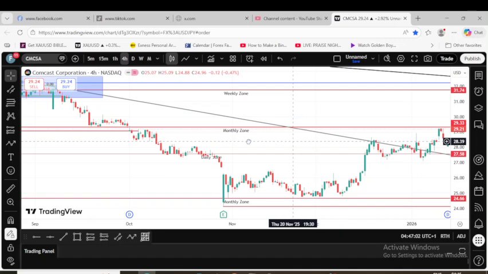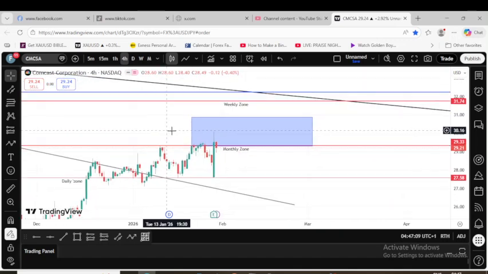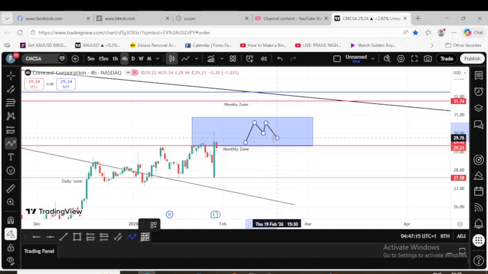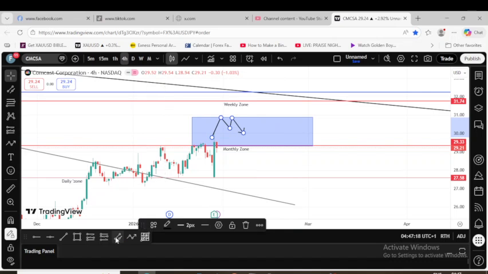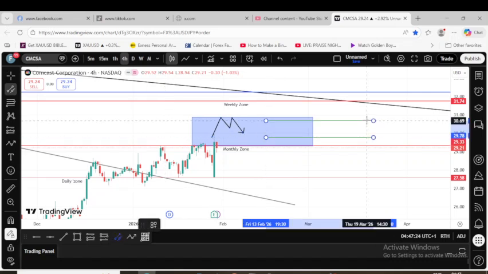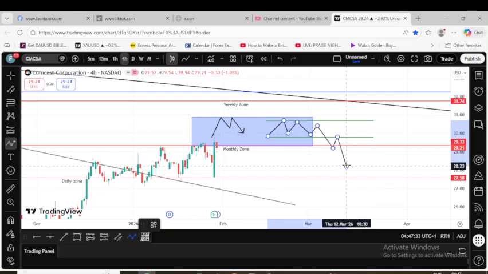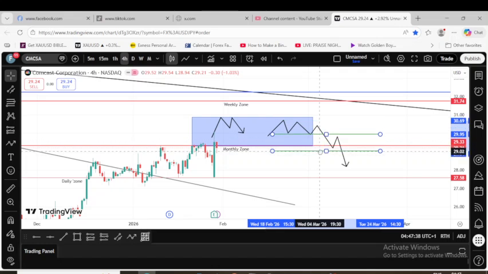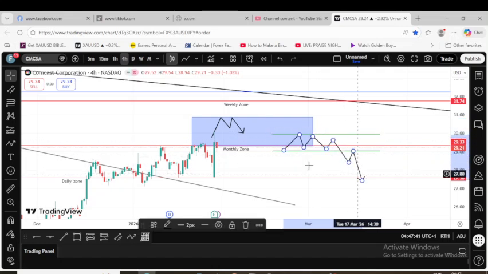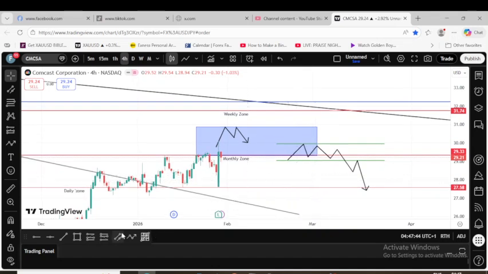So right now we are waiting for price to either form an M pattern or to form a range, maybe even a slanted range.